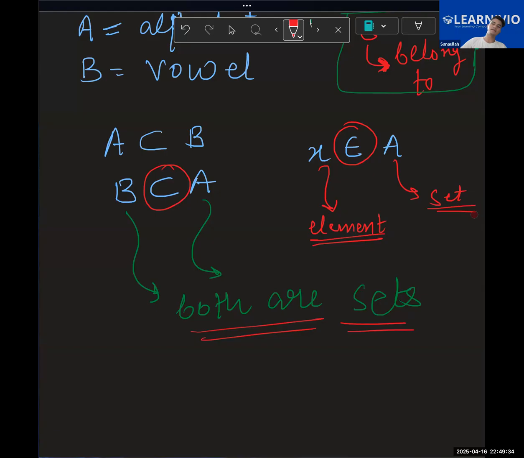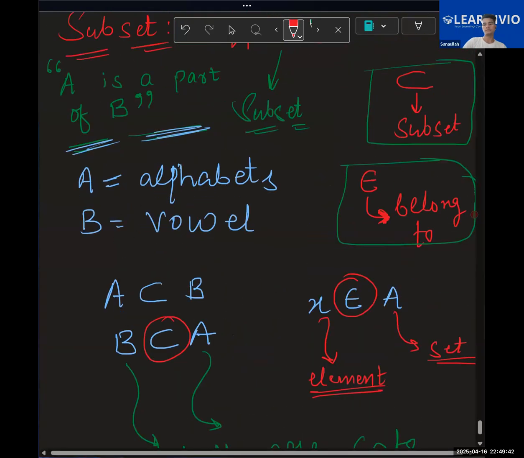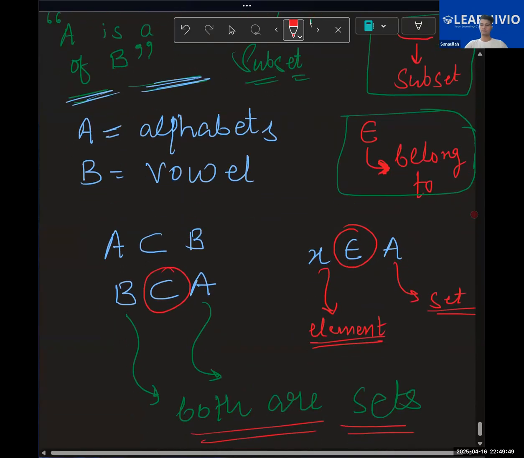ये आपको समझ आया? What is the difference between this belongs to and this subset? आगे समझ आया आपको? Hello, am I audible?